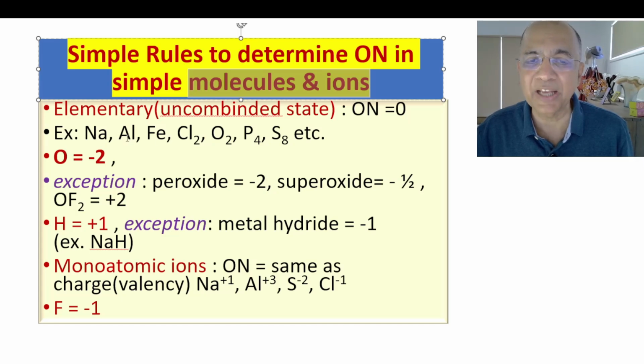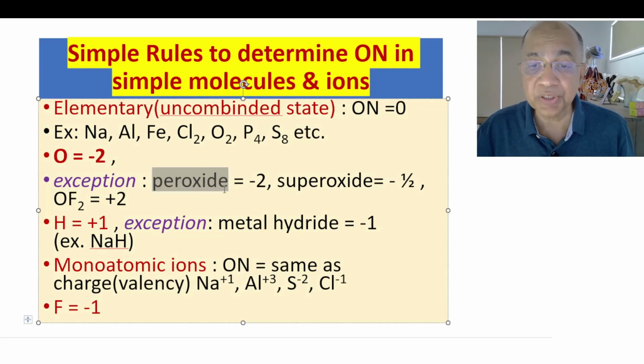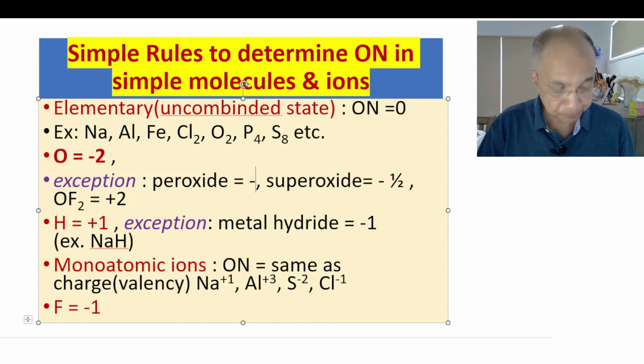For example, sodium, aluminum, iron, these are the metals. No loss, no gain. And chlorine, O2, P4, S8, which I was talking about a bit before. In all these cases the oxidation number is 0. And the second rule is oxygen always has an oxidation number of -2, except in peroxides, in which it is -1.